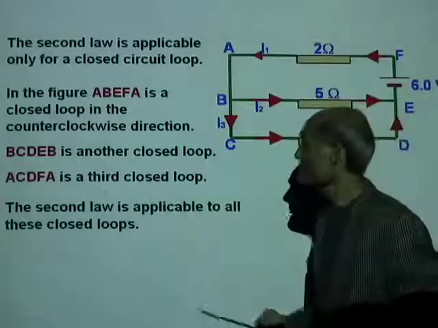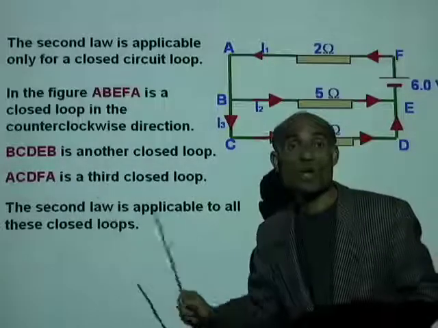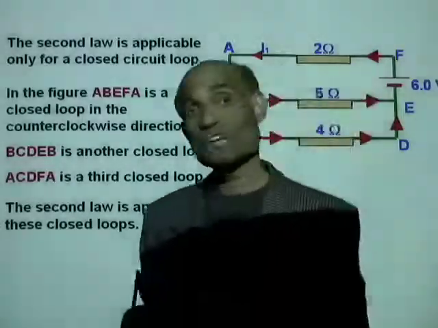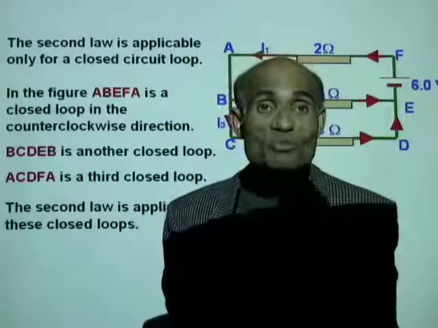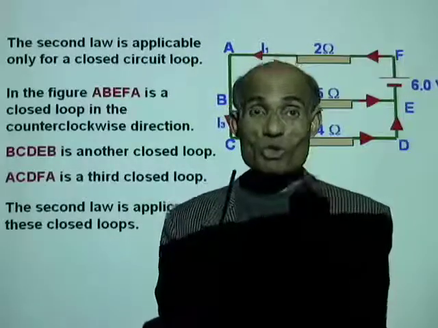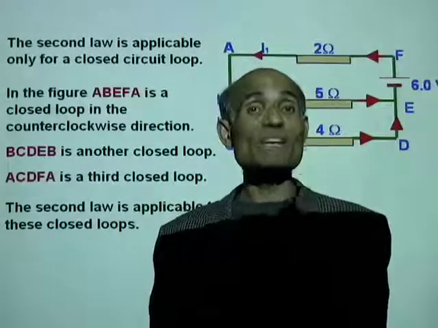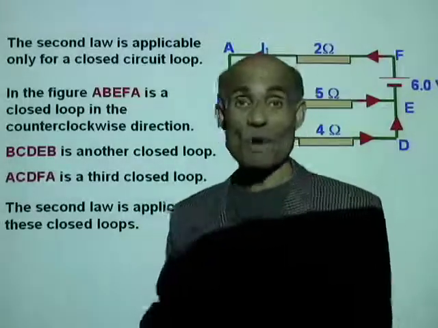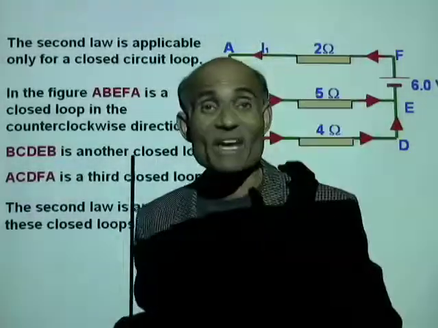The second law is applicable to all these closed loops. What does the second law say? The second law says the algebraic sum of the potential drop in a closed loop is 0.